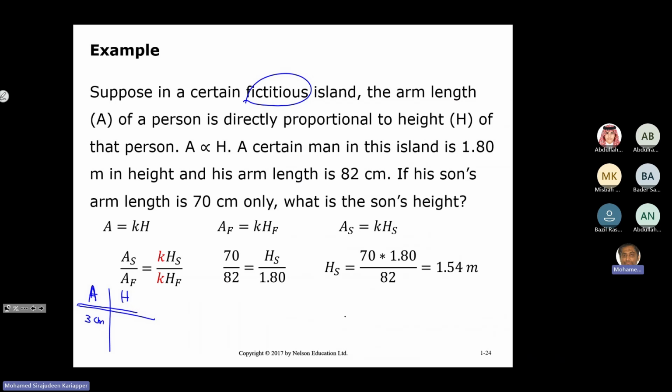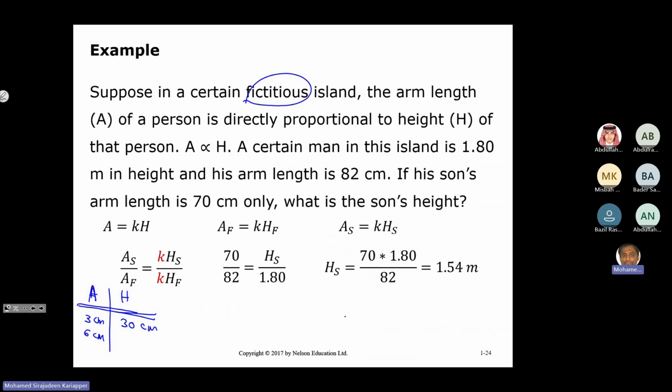I just want to put some numbers. Don't worry too much. Say, and the height is 30 centimeters. I'm just imagining, I cannot be very accurate. And let's say when someone's arm is 6 centimeters, what do you mean by proportional?